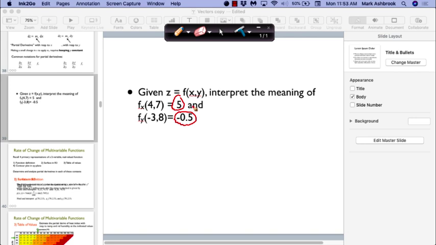And we want to make sure we understand fully what that 5 means and what that negative 0.5 means. So we're going to just take the first 5 minutes and practice again. Get a partner and explain all the details of the meaning of that number 5 and the meaning of that number negative 0.5. Everyone's talking to somebody. Go.